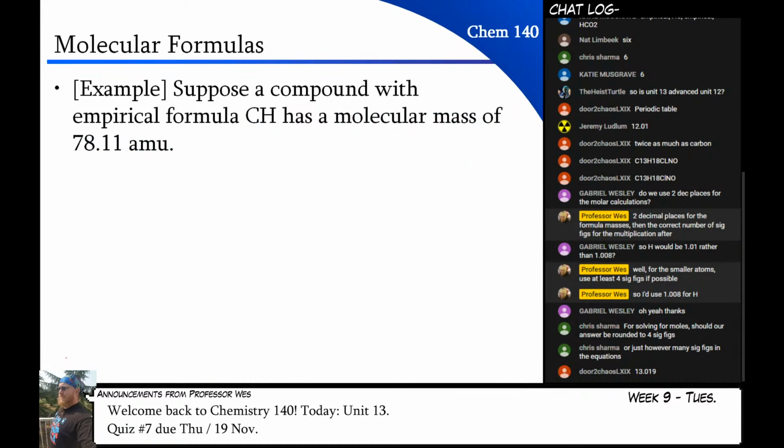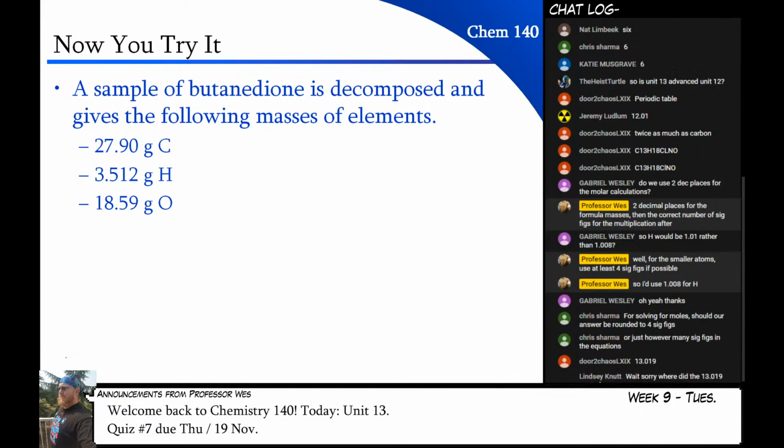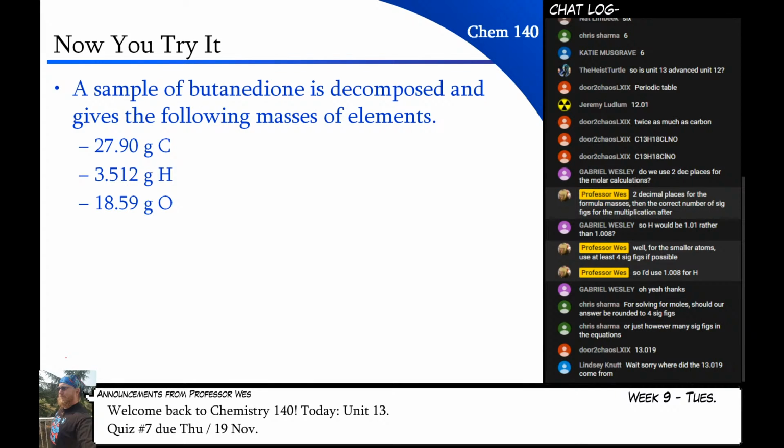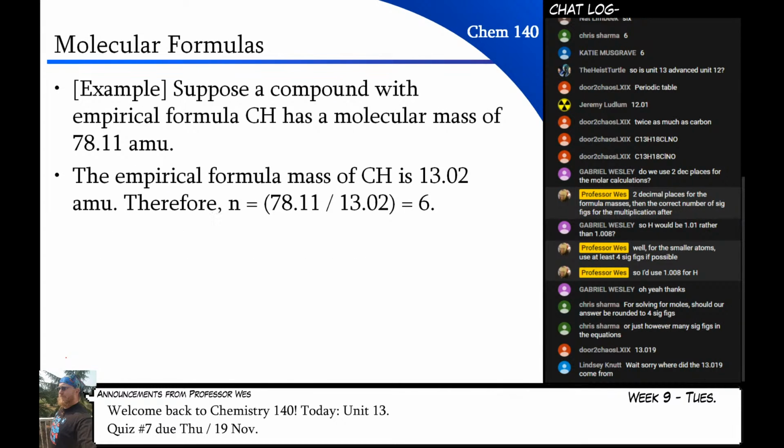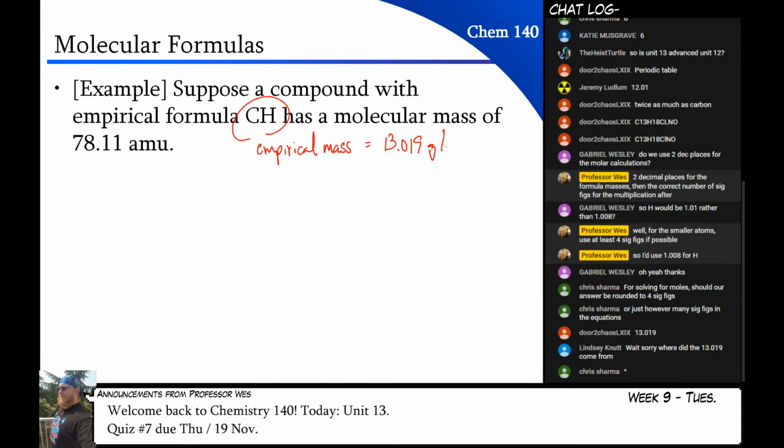All right, let me clear all that and put it on the screen here in text. And then we'll give you one to do here. Oh, where did the 13.09 come from? So that was the mass of the empirical formula. So the empirical mass here was 13.019, because that's a carbon and a hydrogen added together.